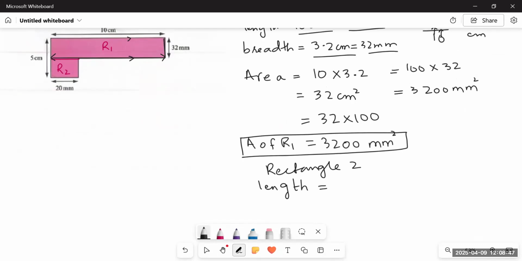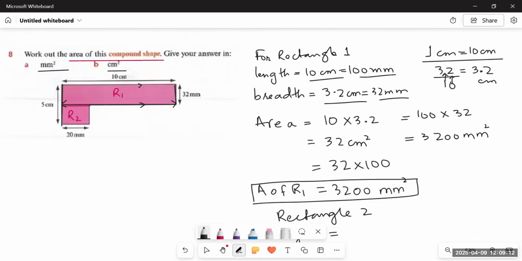So how can we find the length of rectangle 2, since we are provided with the length of both rectangle 1 and rectangle 2, which is 5 centimeters, as you can see over here. From top to bottom, it is 5 centimeters. So how can I figure out what would be the length of rectangle 1 and what would be the length of rectangle 2? If I have to find the length of rectangle 1, what will I do? I will look at the opposite side.